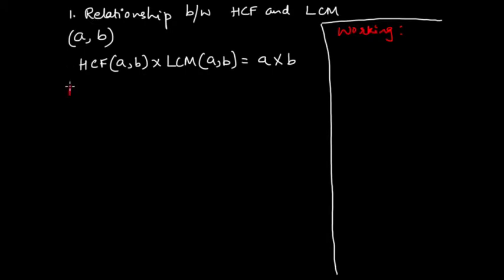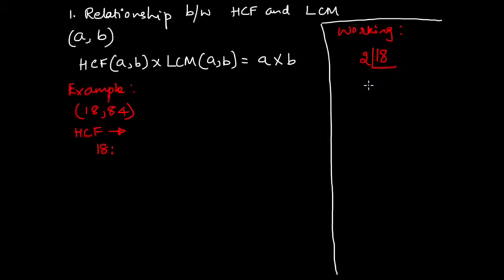Example, let's say we do 18 and 84. So first, let's do the HCF by factorization. 18, let's list out the factors for 18. We can use this method, which is actually called upside down division. So I had done this in part 1 also.